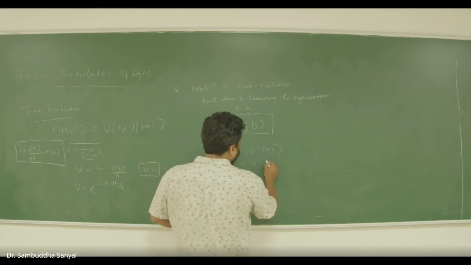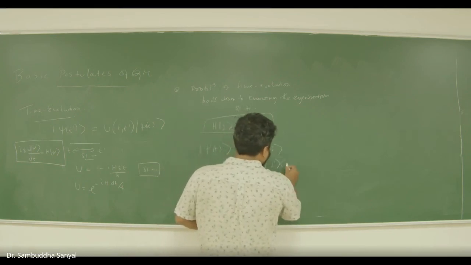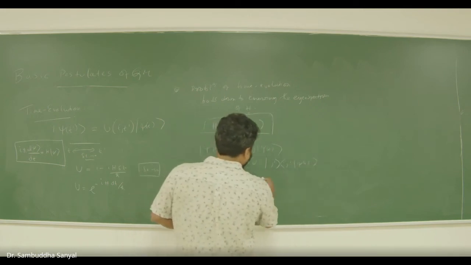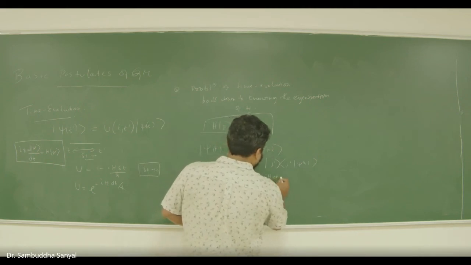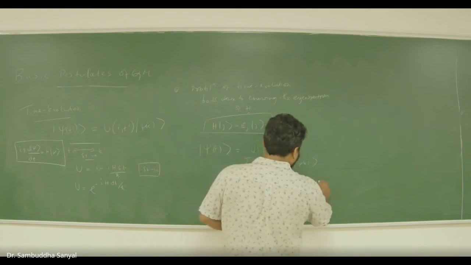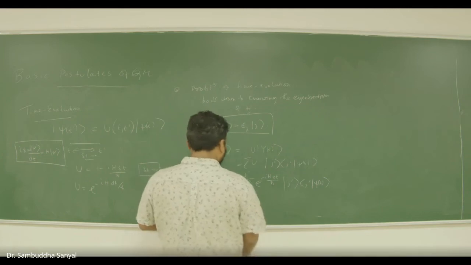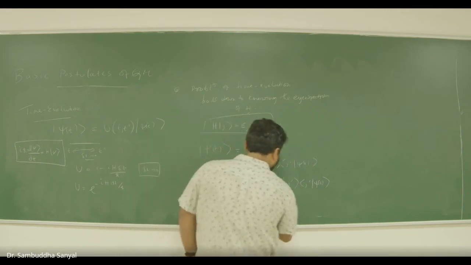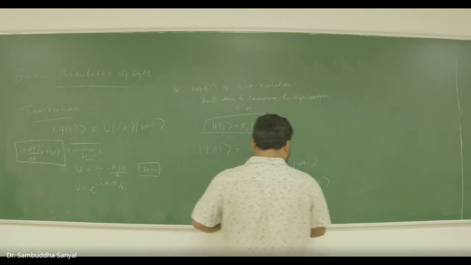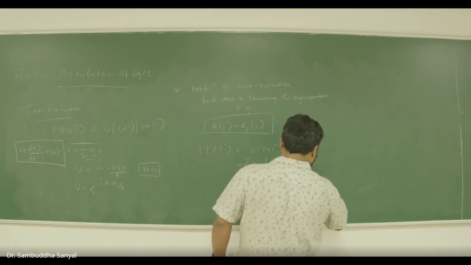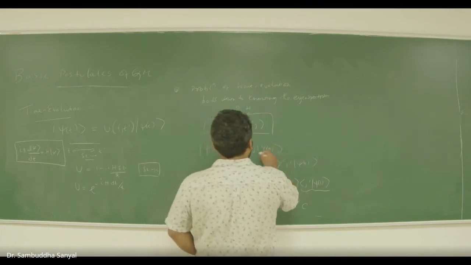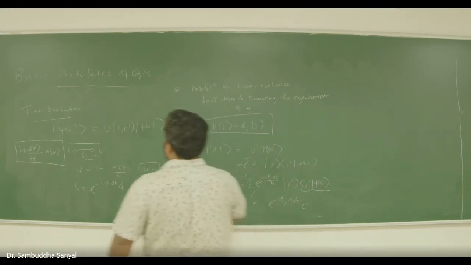So here I write it as sum over j prime, and U is e to the power minus iH Delta t by h bar, acting on phi j prime, and that is nothing but, let me not write psi t, let me write psi 0, by taking t as 0 and t prime as some t.